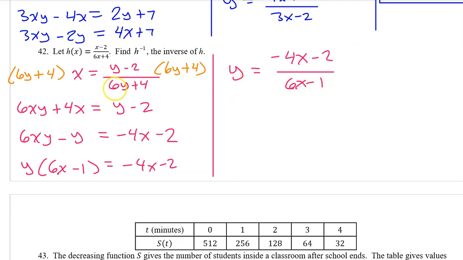Let's use proper notation because the original function was called h of x. The inverse will be called h inverse. When the leading coefficient of the numerator is negative, it is common to factor out that negative. So I'm going to show this in 2 steps so I can make sure you understand what I'm doing. If I bring this negative out, I'm factoring out a negative 1.